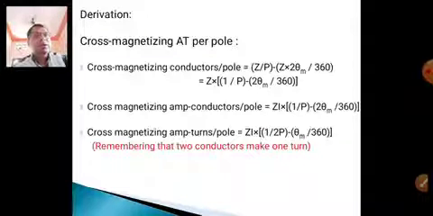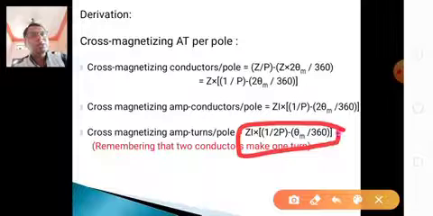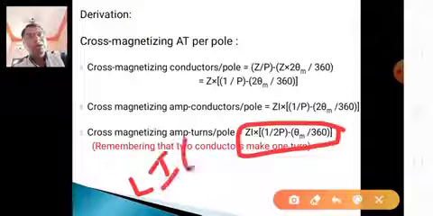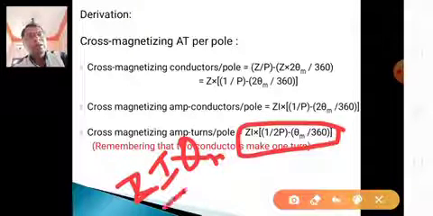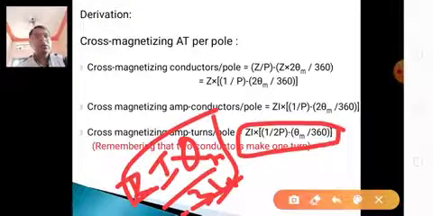So this is the formula for cross magnetizing ampere turns: Z into I into 1 by 2P minus theta m by 360. And Z into I into theta m by 360 is the demagnetizing. We have to observe these two formulas.